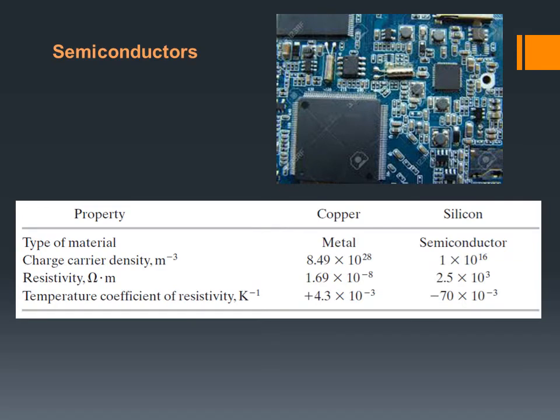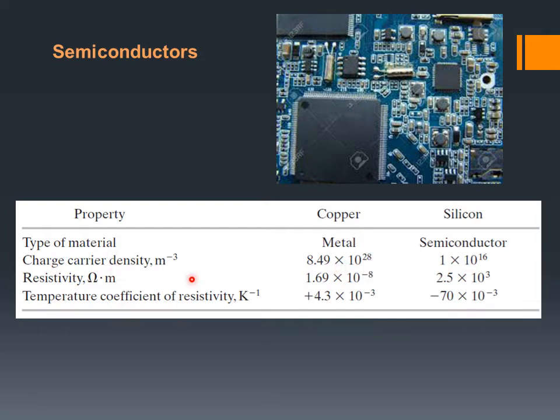But if you look at the properties of the semiconductors, and compare them with the metals, you see copper is a metal, silicon is a semiconductor. And these are electrical properties of these different materials. It is a comparison.